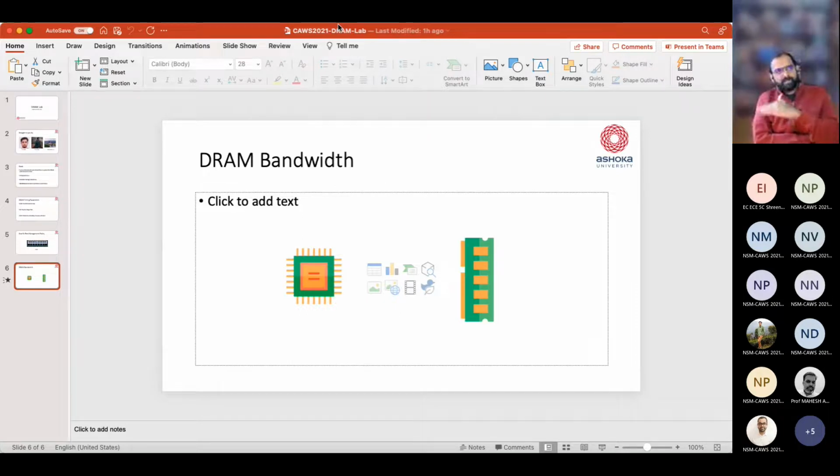So essentially, it doesn't necessarily need to be one program. What I'm trying to illustrate here is that your bandwidth requirements are a function of the memory access stream that your memory controller sees, not necessarily what is generated by one single program.